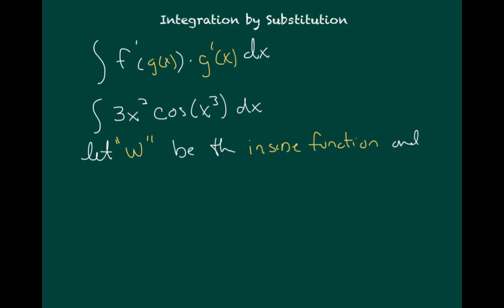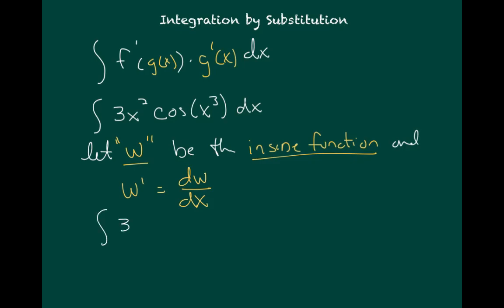So just so we're kind of talking the same language, I want you to start letting w be the inside function, and w prime will equal dw dx. So we can rewrite our function this way.